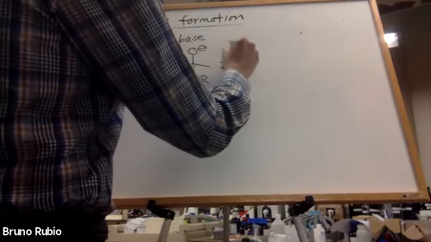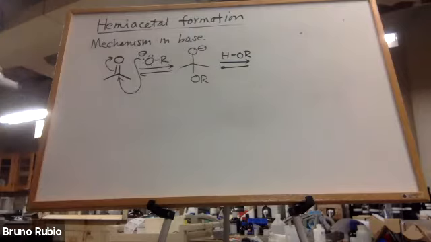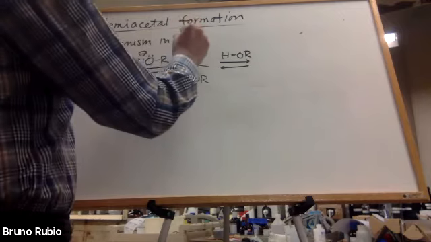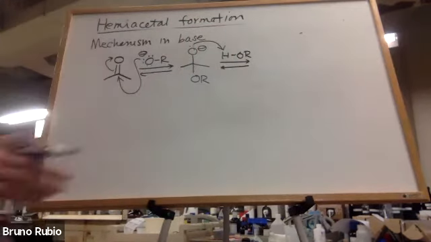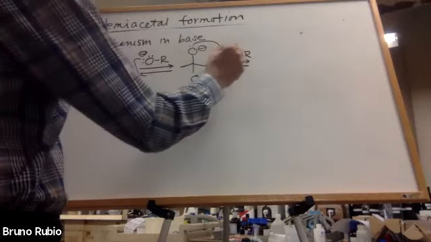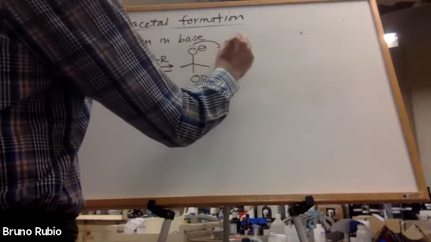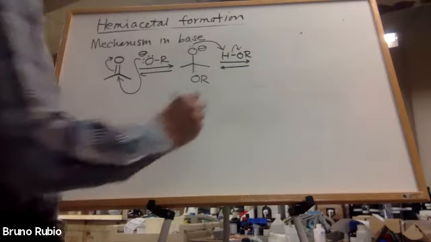the alcohol functions as a proton source because there is no H plus around. We're under basic conditions, and the electrons around this oxygen grab a proton from the alcohol, and the electrons that were keeping the H bonded to the oxygen atom in the alcohol are gobbled up by the oxygen atom.